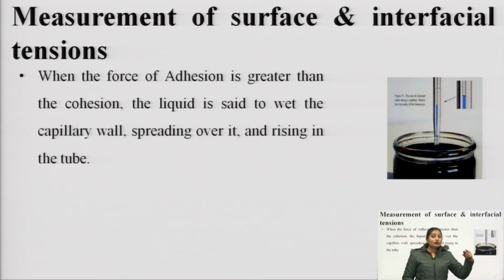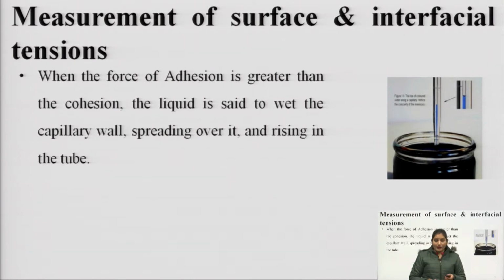Okay. As I told you in the previous lecture on the spreading coefficient, when the work of adhesion is more as compared to the work of cohesion, only then spreading will occur. The same phenomenon applies here. When the forces of adhesion are greater than the cohesive forces, only then the liquid is said to wet the capillary wall, spread over it and rise in the tube.